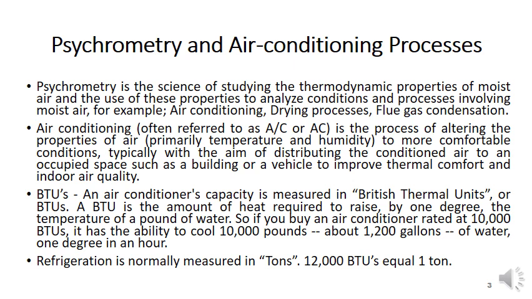So if you buy an air conditioner rated 10,000 BTU, it means it has the ability to cool 10,000 pounds, which is about 1200 gallons of water, by 1 degree in an hour. Refrigeration is normally measured in tons, and 12,000 BTU equals 1 ton.